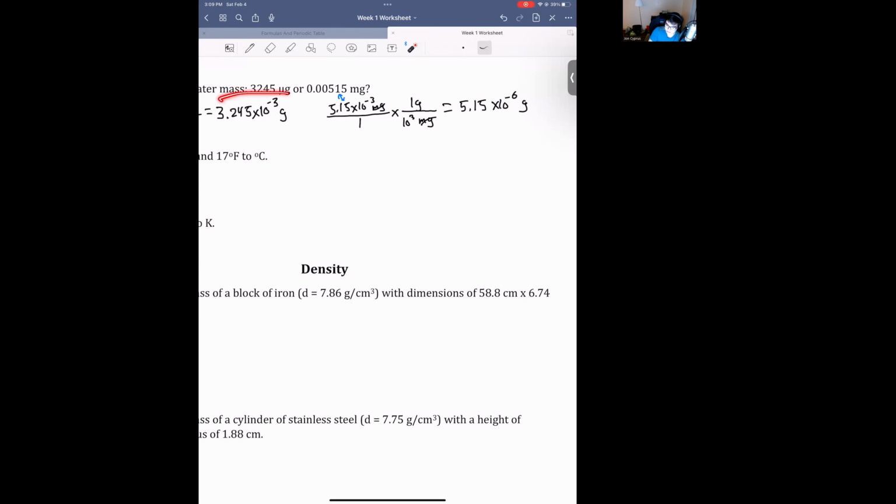We can see that this is bigger than this. It has a less negative exponent. It's a bigger number. So 3,245 micrograms is bigger than 0.00515 milligrams. And that is it for this problem for number 15.